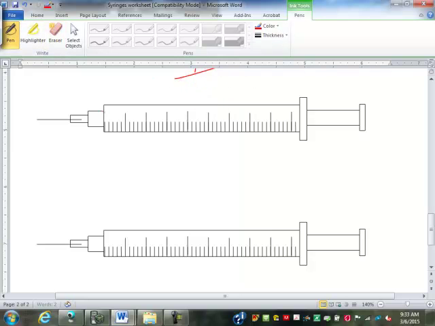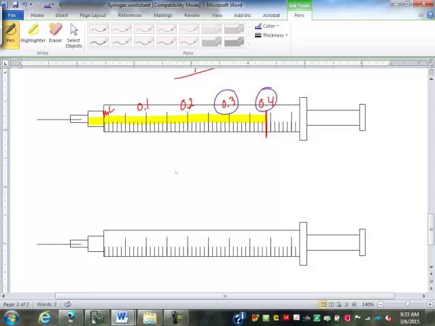So let's label this one. If this one is filled to there, how much is in it? I'll just mark it here. That is actually one short of coming up there. Once again, we have to go between marks.